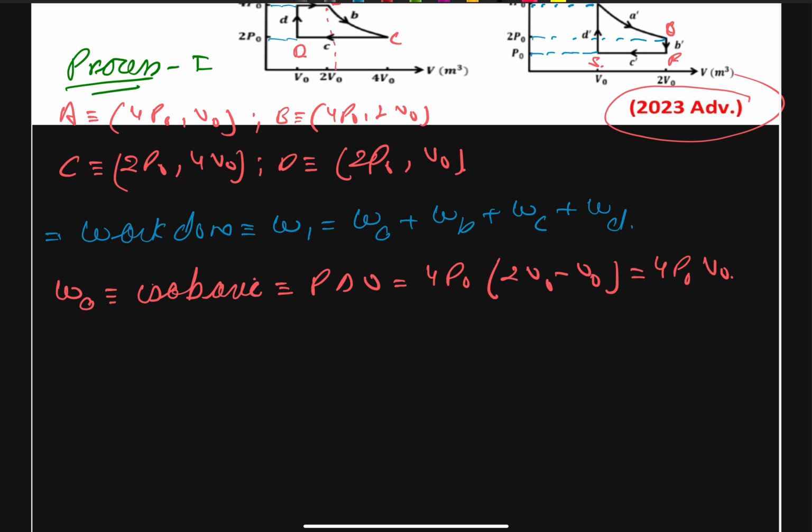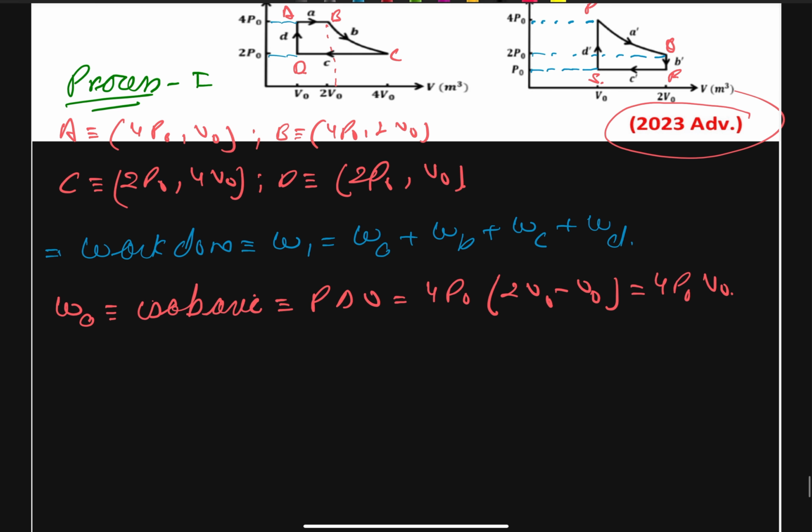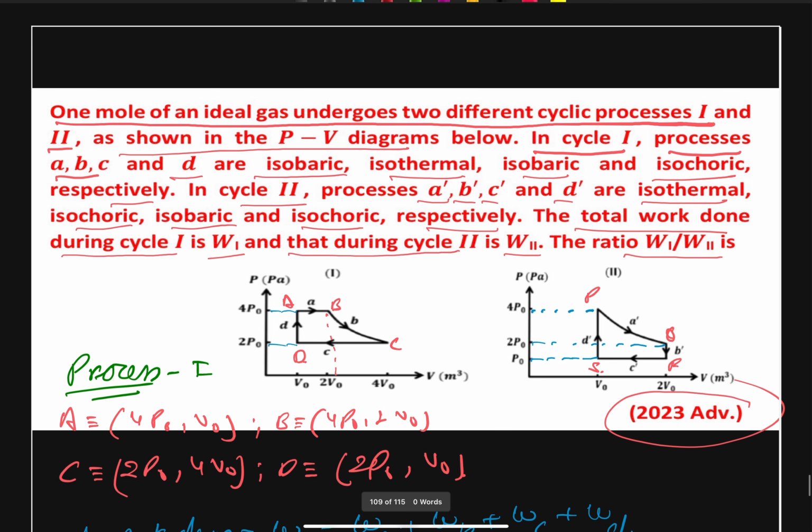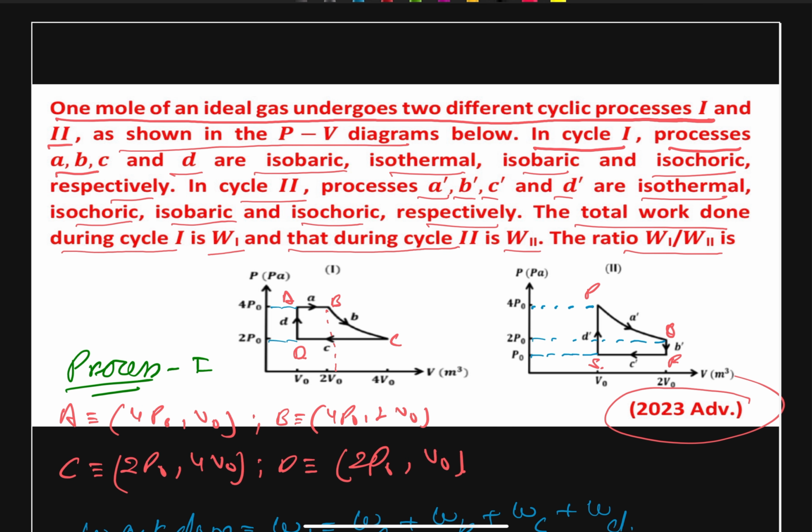And then we come to the work done for B, which is isothermal.